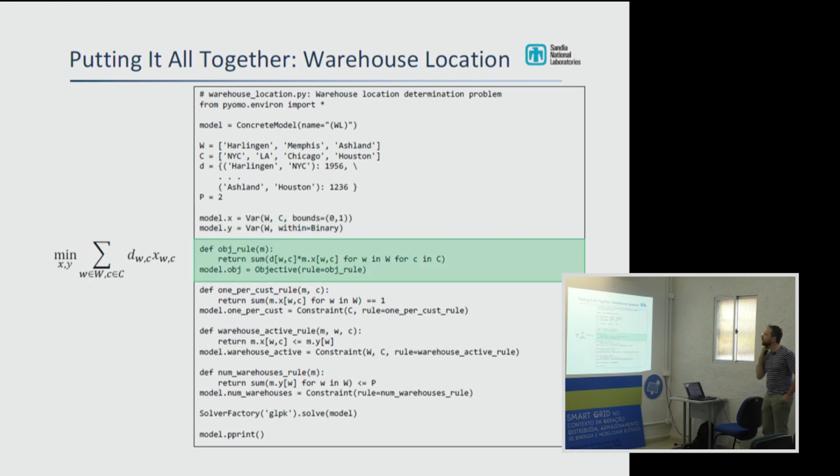The objective, as we saw, is to minimize the sum of all the distances between the warehouses and the consumers. So it takes this form. I sum the distance multiplied by the amount of exchange I'll have between the warehouse and the consumer. It's a double sum over W and over C, and I define it as the objective, as we saw before.